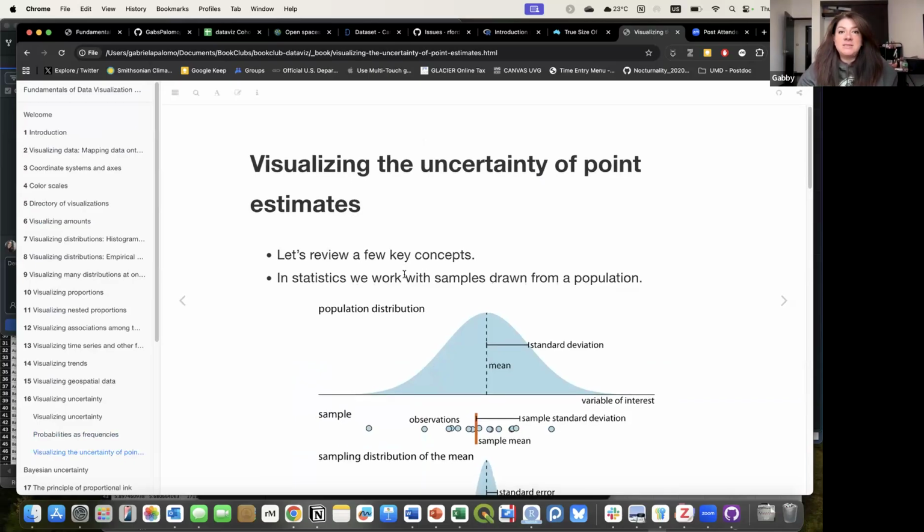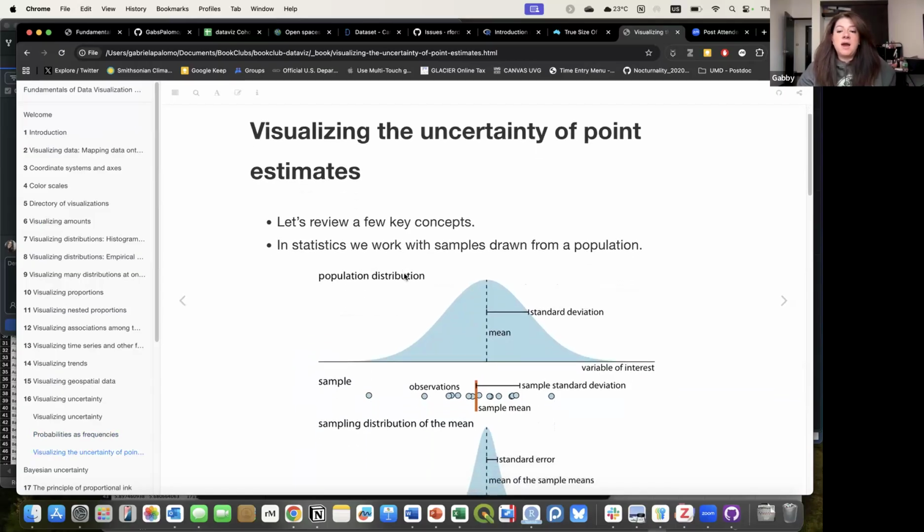When we have point estimates, we have to start first by reviewing a few key concepts in statistics. We have to remember that when we're dealing with statistics and with repeated outcomes or repeated experiments, that means that we're drawing samples from a population. It's very rare that we're going to take samples from the entire population.